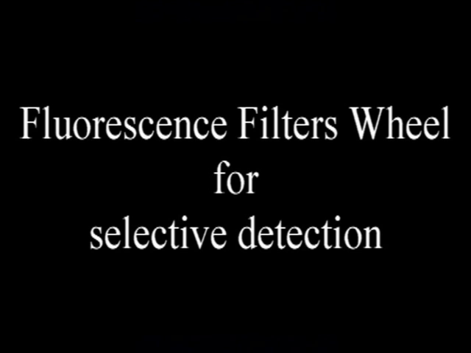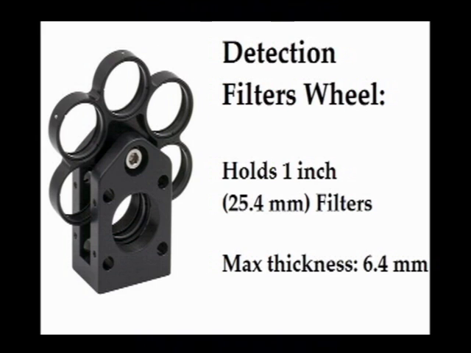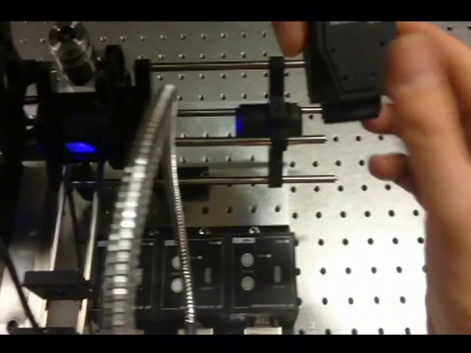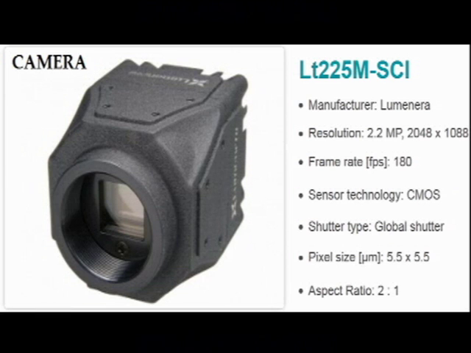The light crosses a fluorescence filter wheel where you can put any filters you want to have a selective detection and remove the illumination light. At the end of the rail you can fix a camera. In this case, we have a specific camera built by Luminera with 2048 times 1088 pixels of 5.5 microns in size.